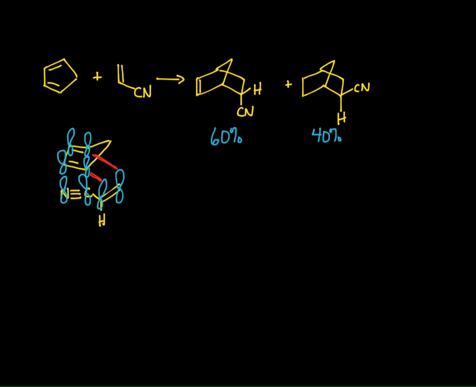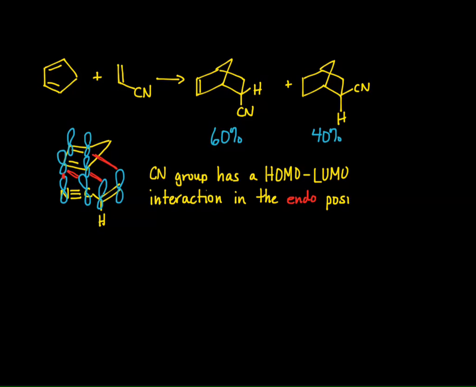But the orbitals of the nitrile can actually start to overlap with an orbital of C2 or C3, right? And it's this overlap, the HOMO-LUMO interaction we say, that enhances the formation of the endo product.